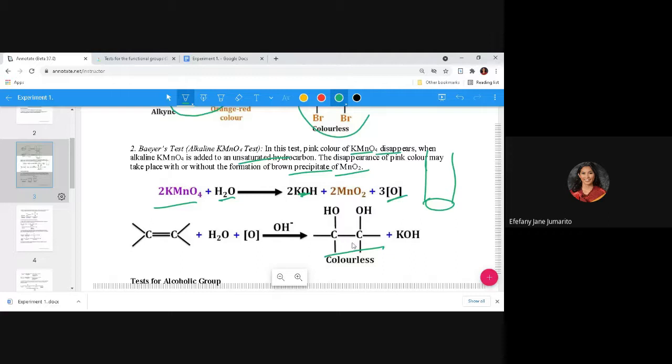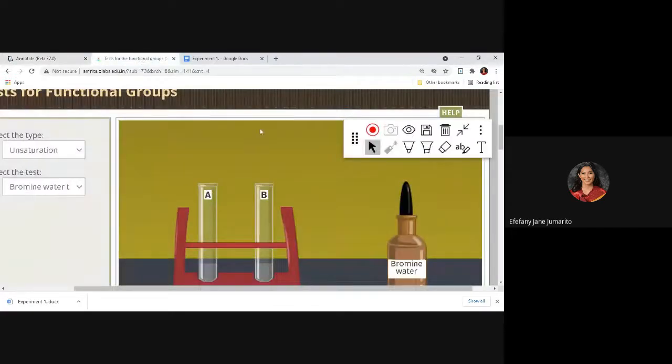See, the double bond will be replaced with OH. See the difference, class? In your bromine test, the double bond was replaced with Br, while in our KMnO4, the double bond will be replaced with OH. Okay, so we have that one.